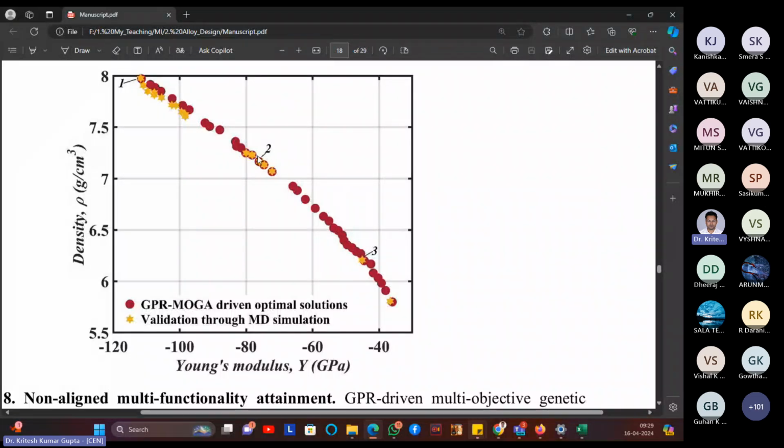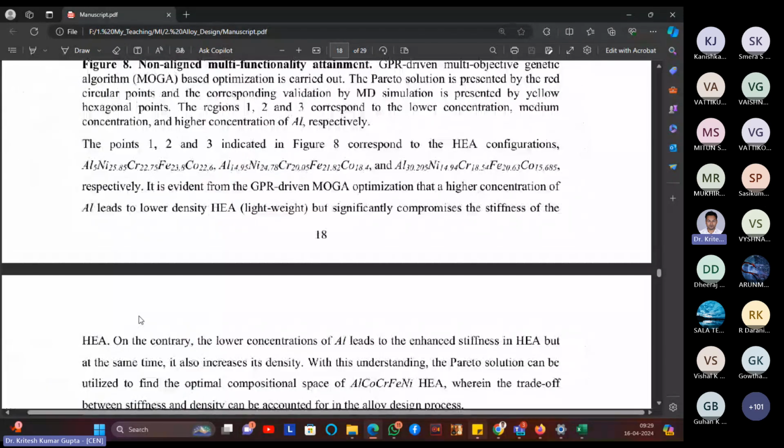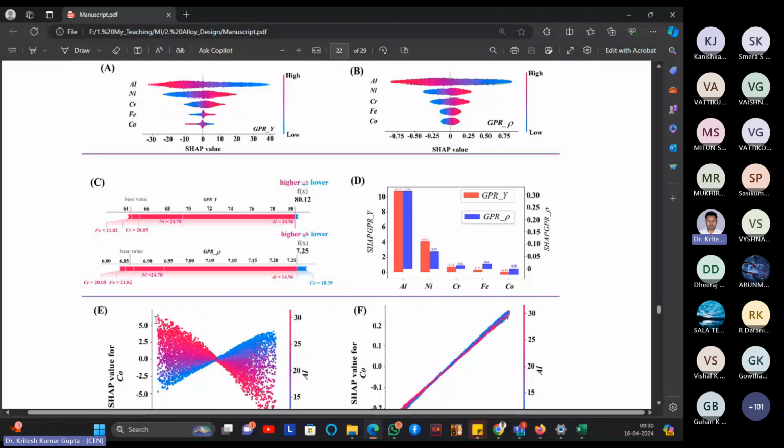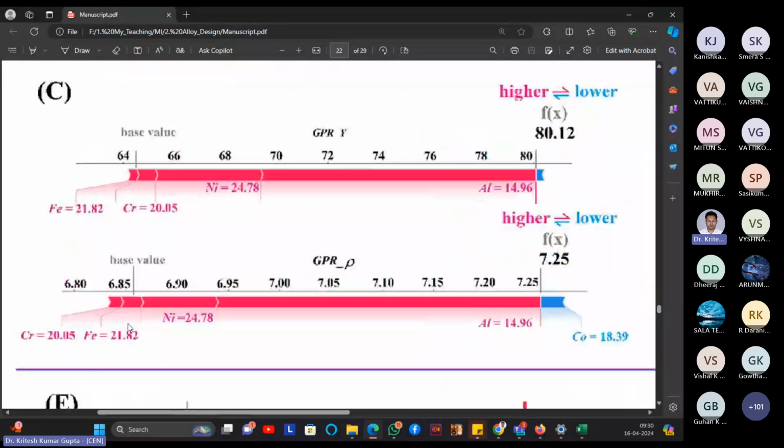So now if I just want to make a prediction for any of the samples in between, and I want to check how each input feature is contributing, that can be checked through this force plot. Okay. So now I'm interested in Young's modulus of 80.12. Okay.